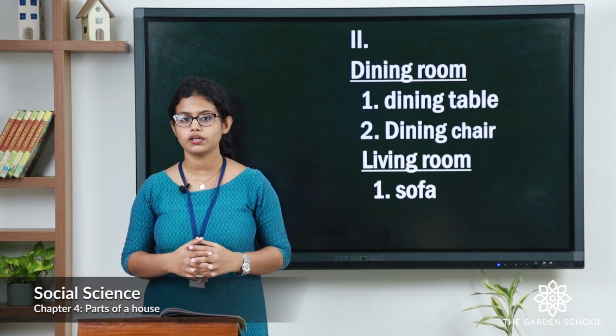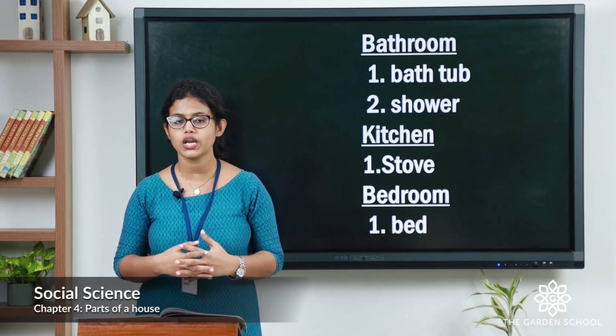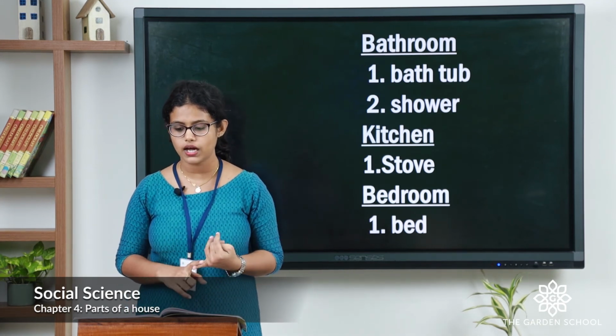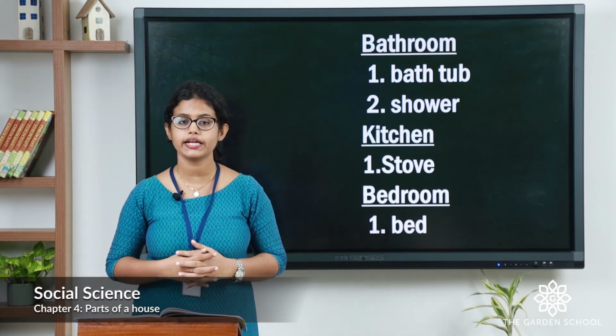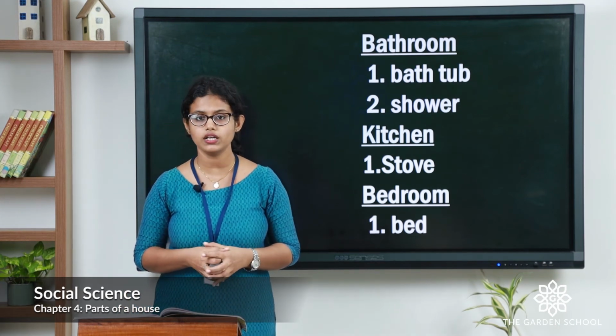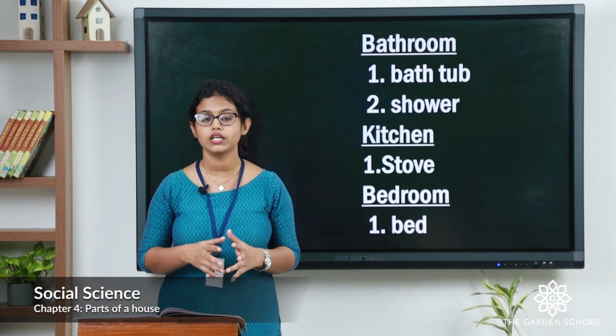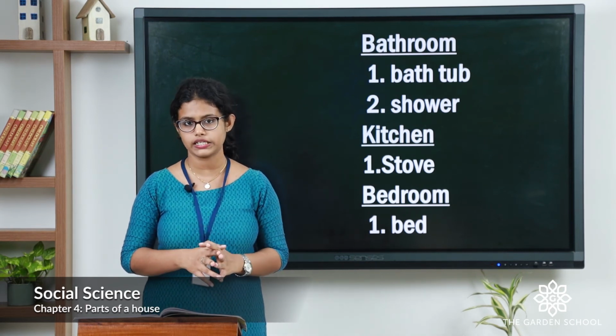What about the next one? Bathroom. What all items you can see in your bathroom? Bathtub, shower. And the fifth one, kitchen. What item you can see in the kitchen? Stove. And the last one, bedroom. What is the item? That thing is bed. So hope you have done the answers right.